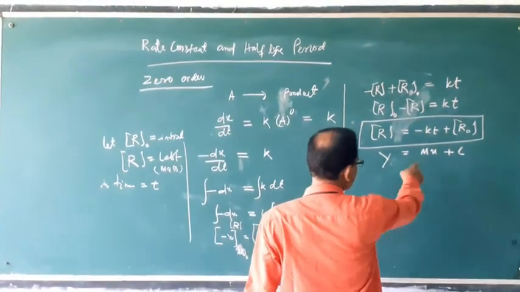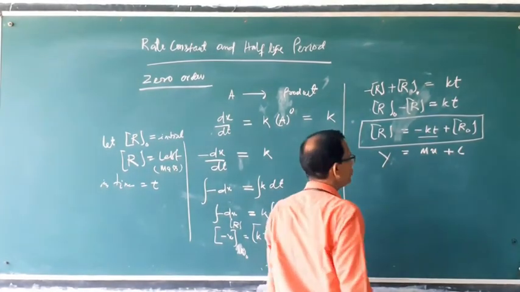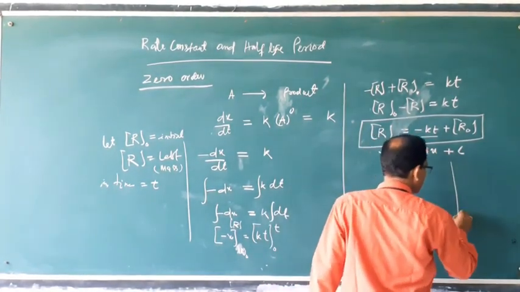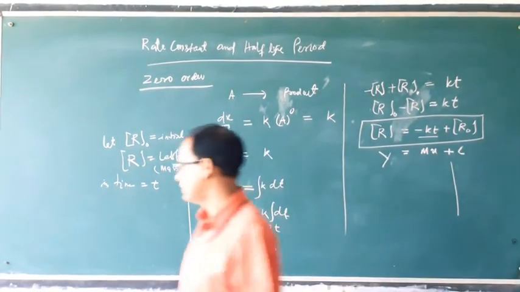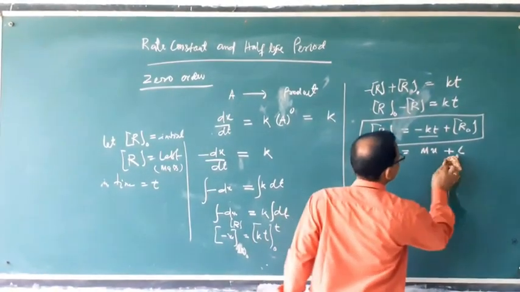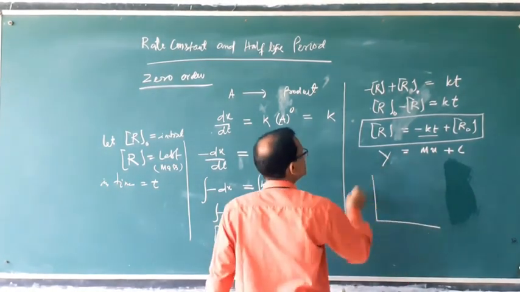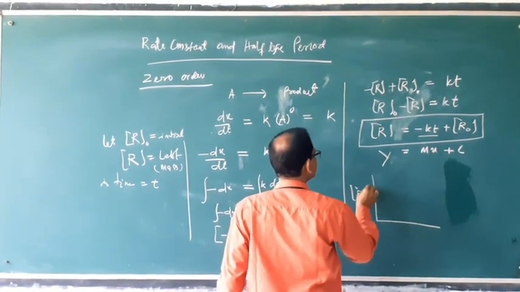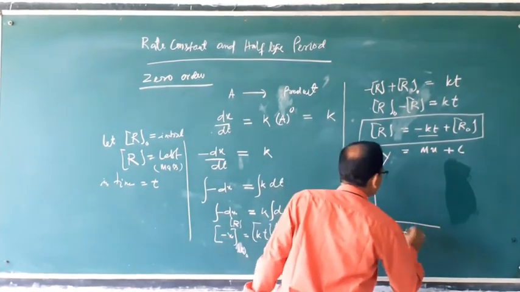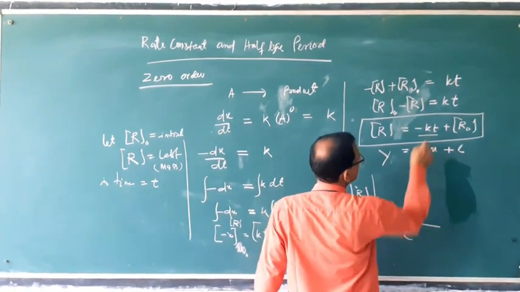As it is a straight line equation and the m value is negative, the graph will be like this. Y is R and X is t.